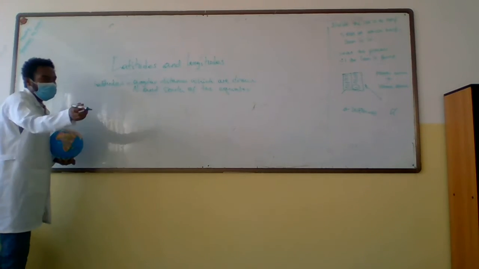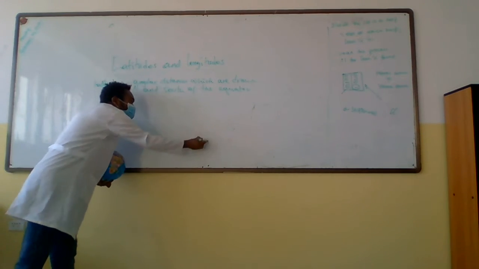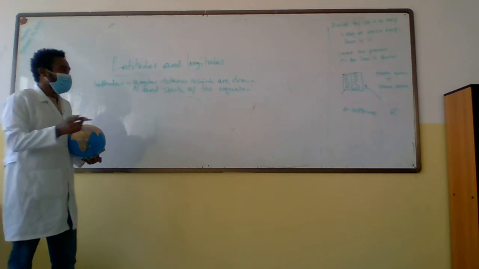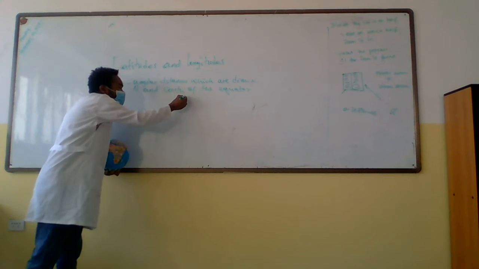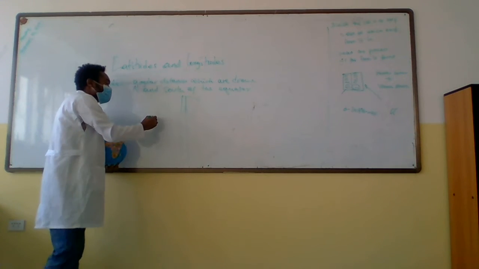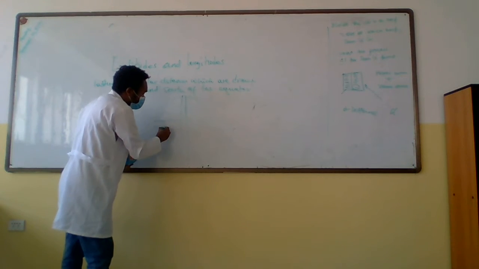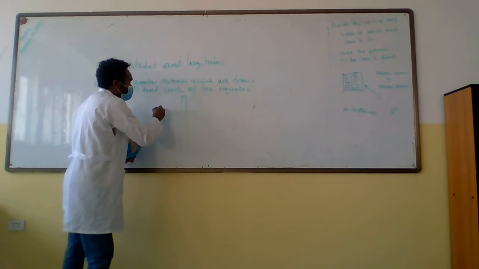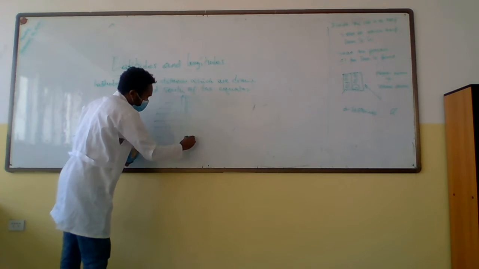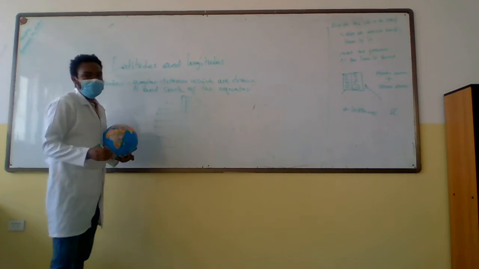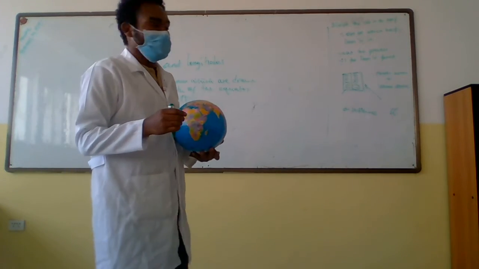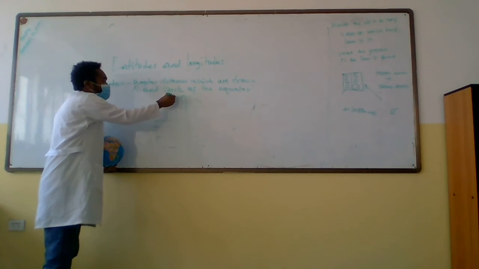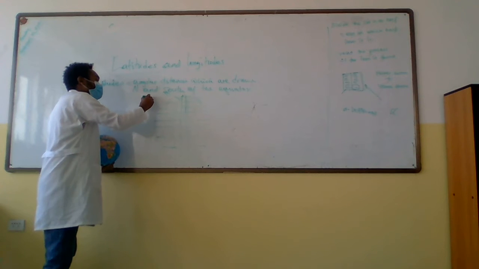Okay, let me draw a picture. Just assume that this is Earth. Students, the lines which are drawn north to south and the lines that are drawn west to east or east to west are two different lines. The lines which are drawn north to south are called longitudes.